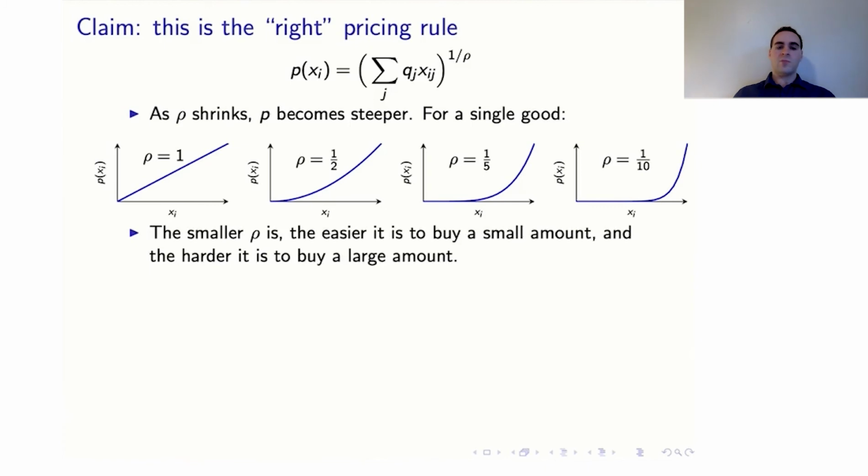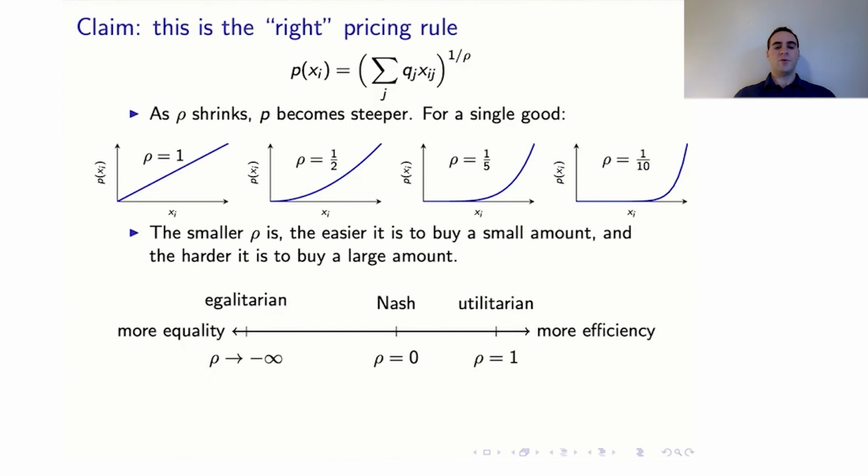And like we said, the smaller rho is, the easier it is to buy a small amount, and the harder it is to buy a large amount. We can easily relate this back to the plot I showed before, where rho getting smaller is more equality, rho going closer to 1 is more efficiency. And as you carefully tweak the value of rho in your pricing rule, you're going to smoothly slide along this continuum.